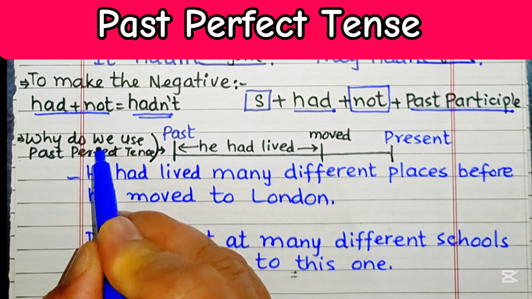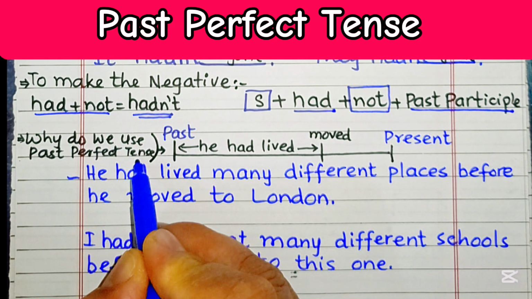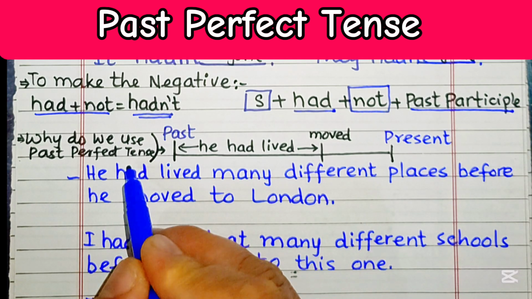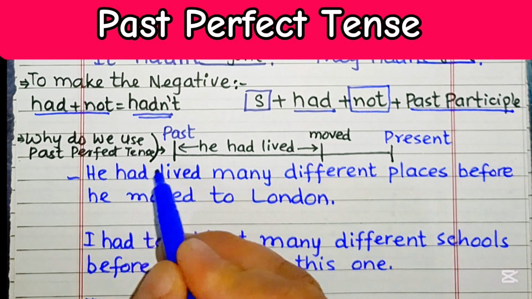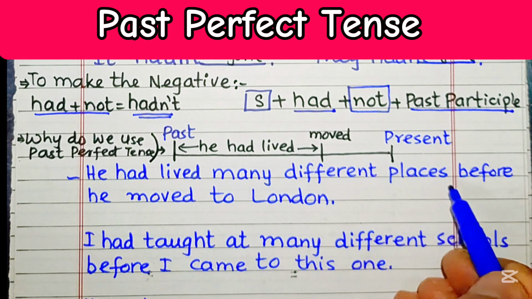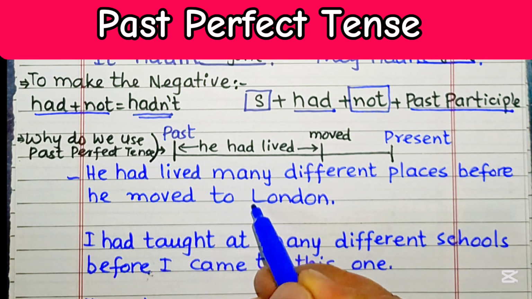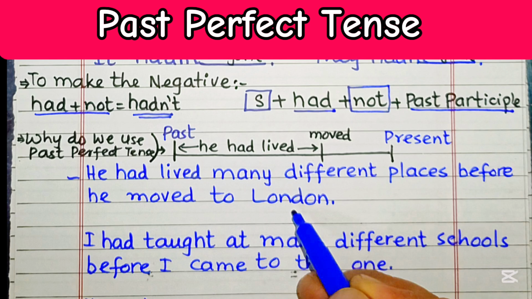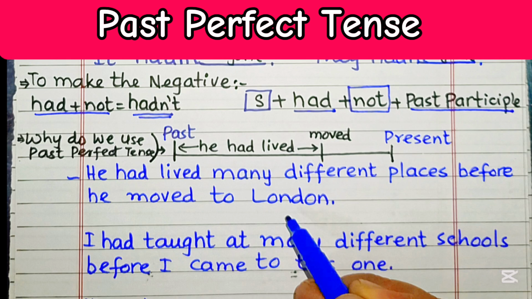Now, why do we use past perfect tense? If we take this example on the timeline: he had lived in many different places before he moved to London. The past perfect takes place before another past action.